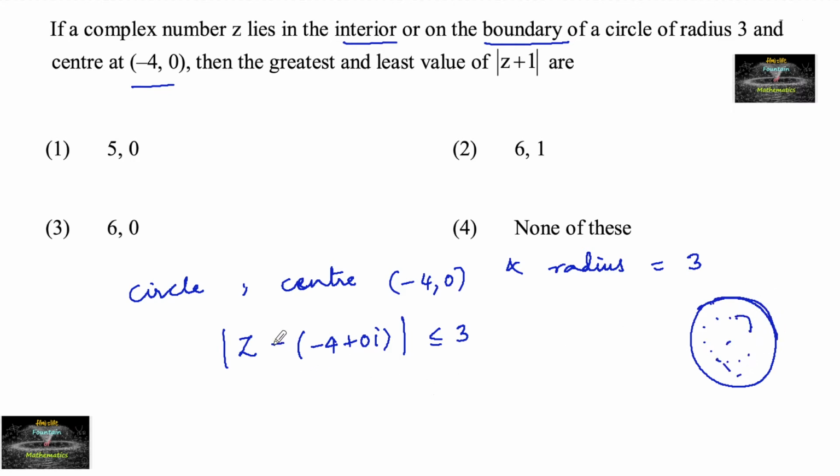So for any point z in the circle and the center, the distance between them, that's a mod, must be less than or equal to 3. So that is z minus of minus 4, that is plus 4. Mod of z plus 4 is less than or equal to 3.